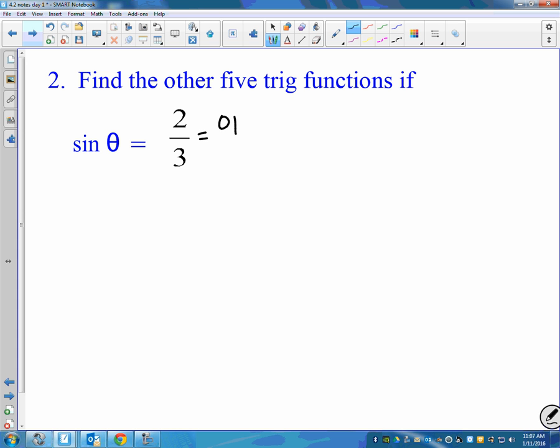Yeah, because we know that sine is opposite over hypotenuse. So kind of just like the last one, are they giving us 2 of the 3 sides of the triangle? Yeah, so for me, it makes sense to draw a triangle.